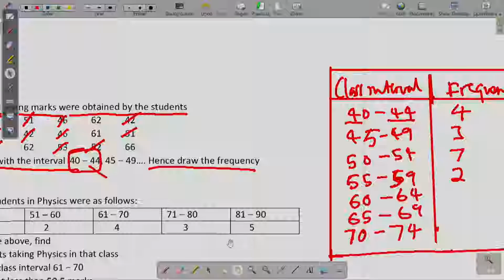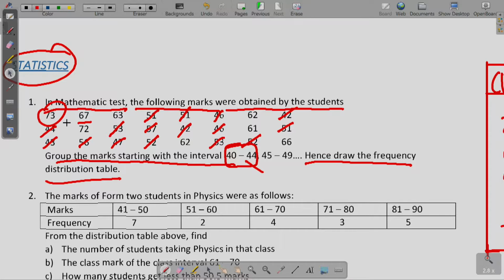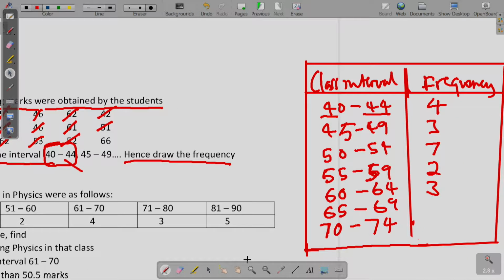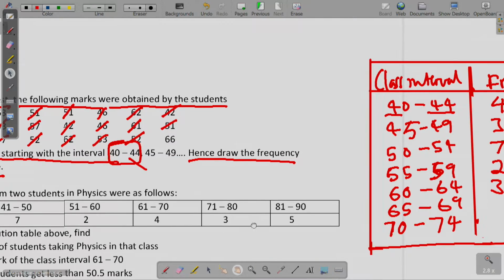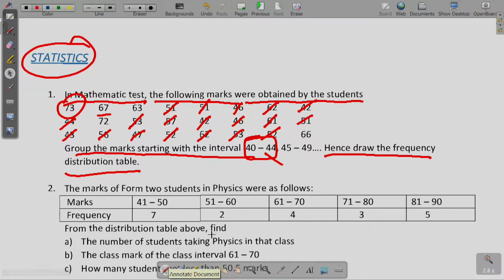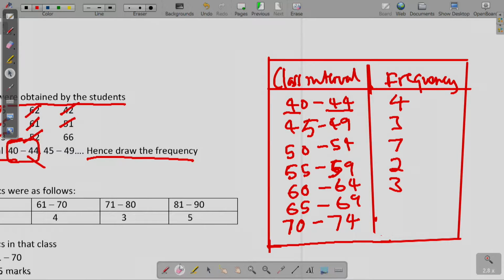From 60 to 64: 1, 2, 3. Here I fill 3. And also we have 63, so here we will have 4 instead of 3.